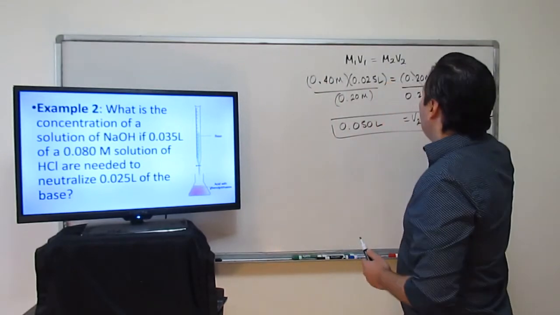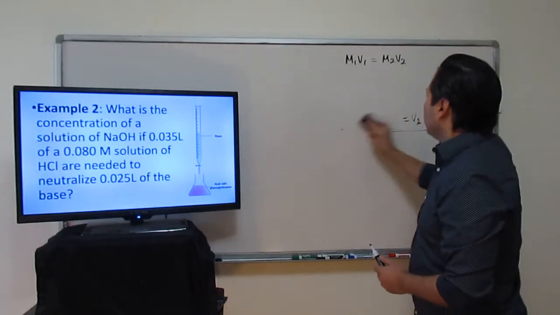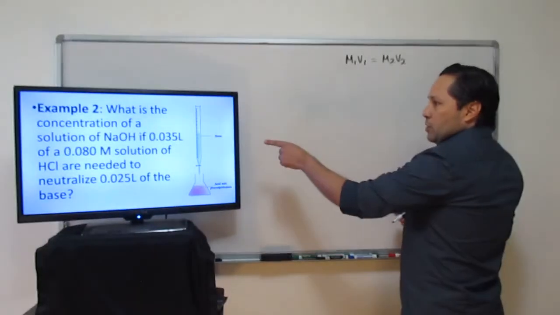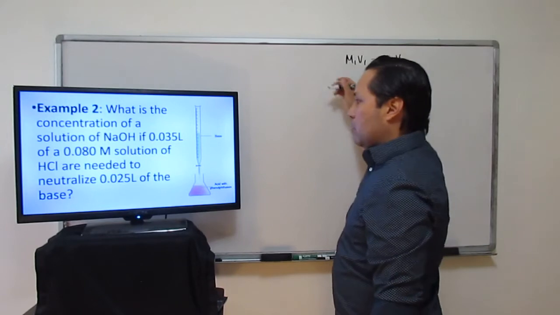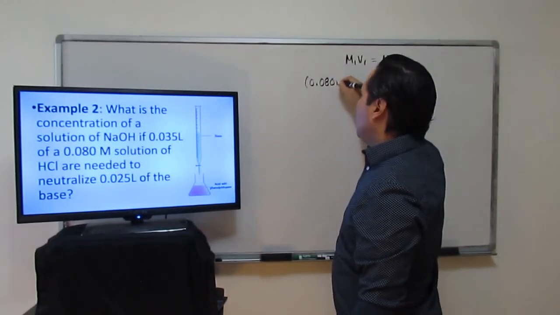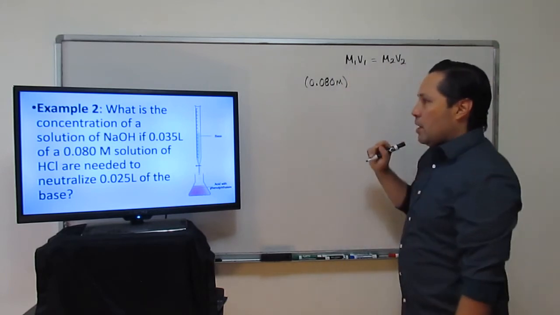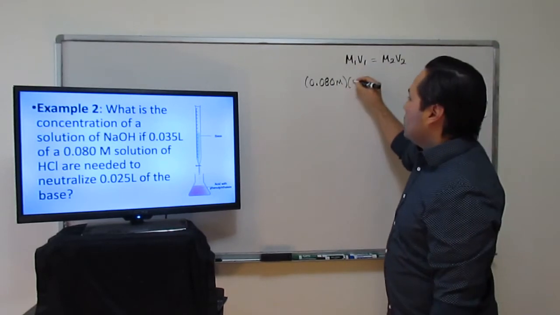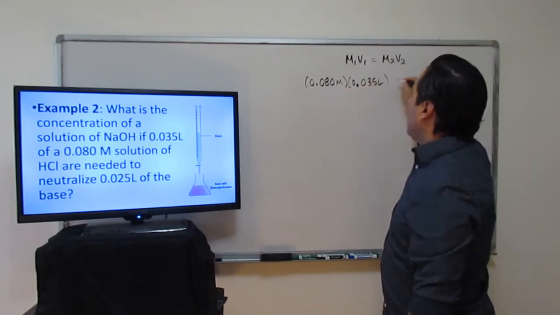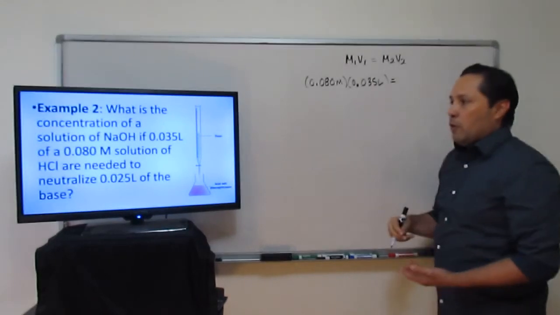Again, we're going to do much the same as before. I'm going to put the concentration of the acid here on the left. It's 0.08 molar, and the volume is 0.035 liters. Now on the other side, we put the base.